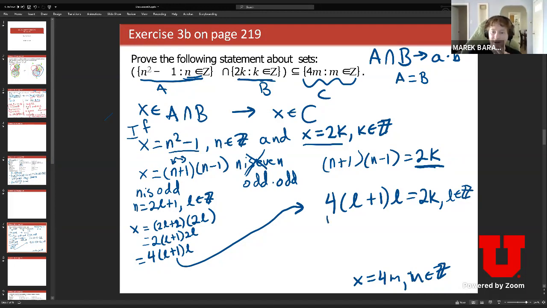So right here, we've shown that x is equal to some integer times 4, by closure.